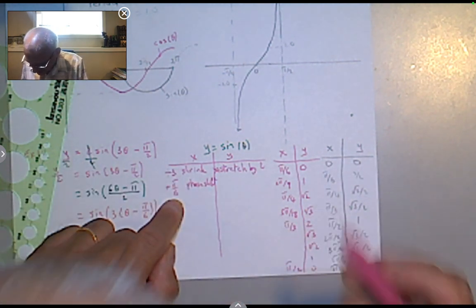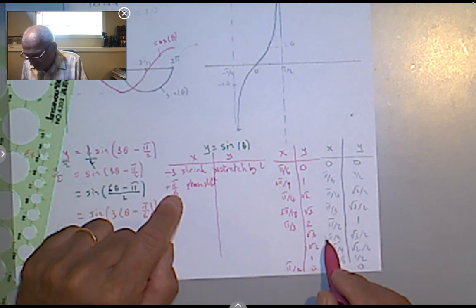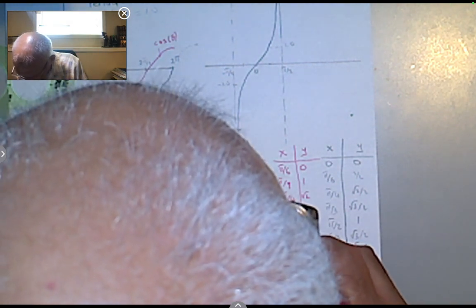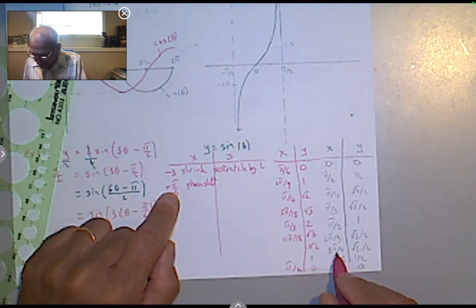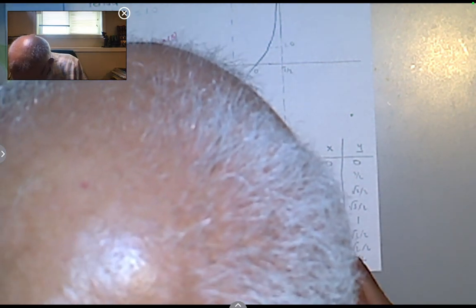Let's do the other 3, it doesn't matter. Divide this by 3, you get 4 pi over 9, or 8 over 18 plus 3 over 18 is 11 pi over 18. Divide by 3, get pi over 4 plus pi over 6. Okay, so over 12 you get 5 pi over 12.